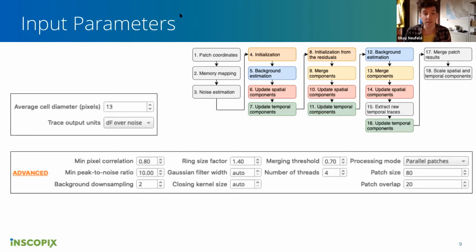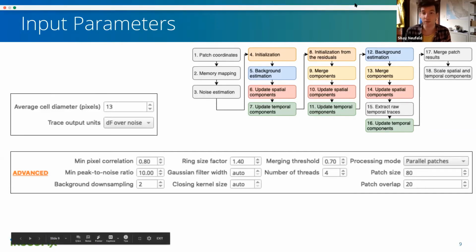So in a lot of cases, the only thing the user should worry about at the very beginning is the average cell diameter, and then click go. When they want to tune those results and introduce subtle differences to pick up more cells or fewer cells, that's where you can start to adjust the advanced settings, but it's not something you necessarily have to do all the time.